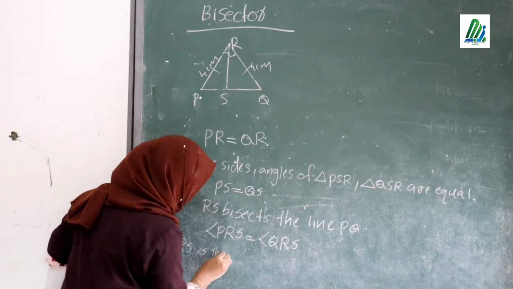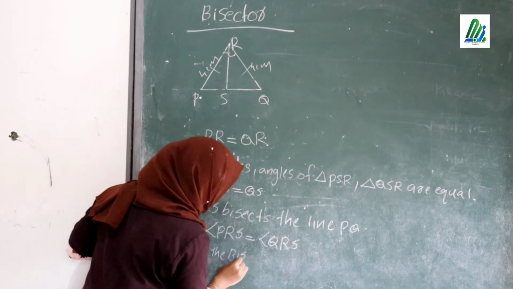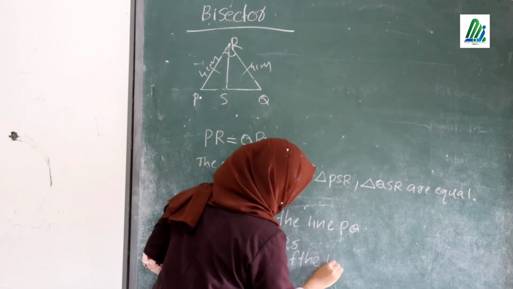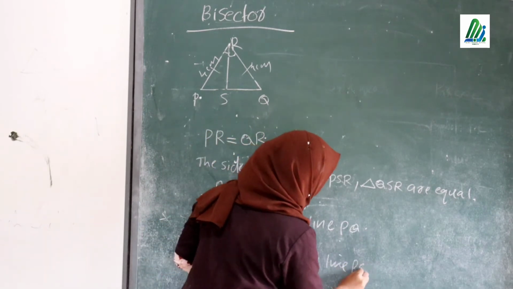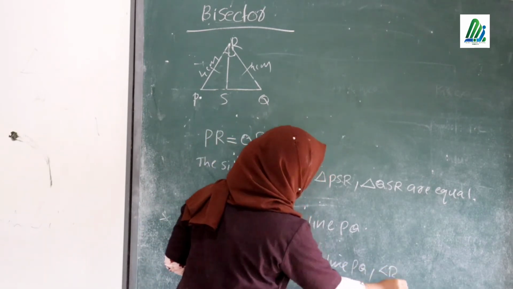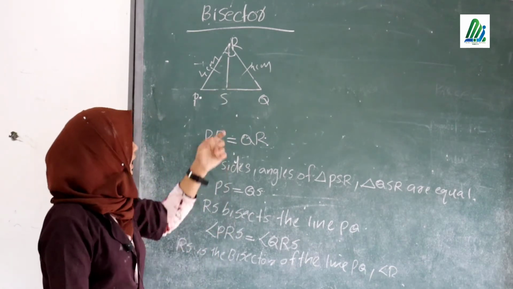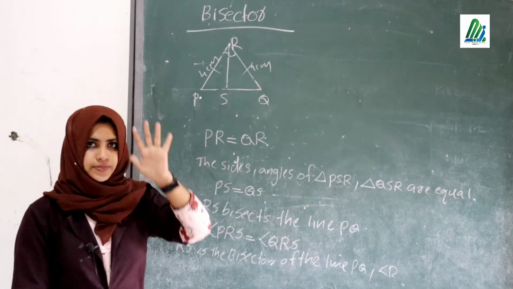So RS is the bisector of the line PQ and the angle R.